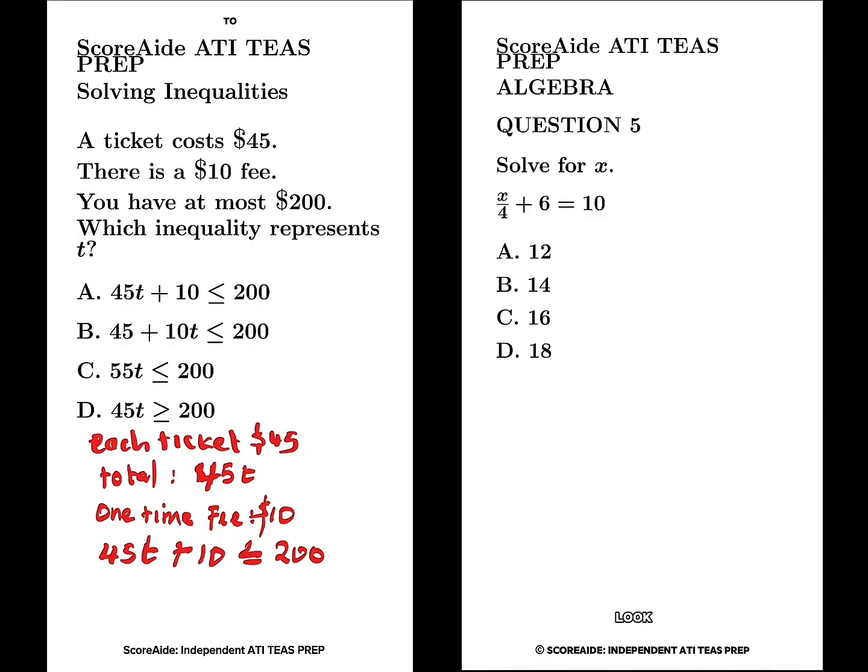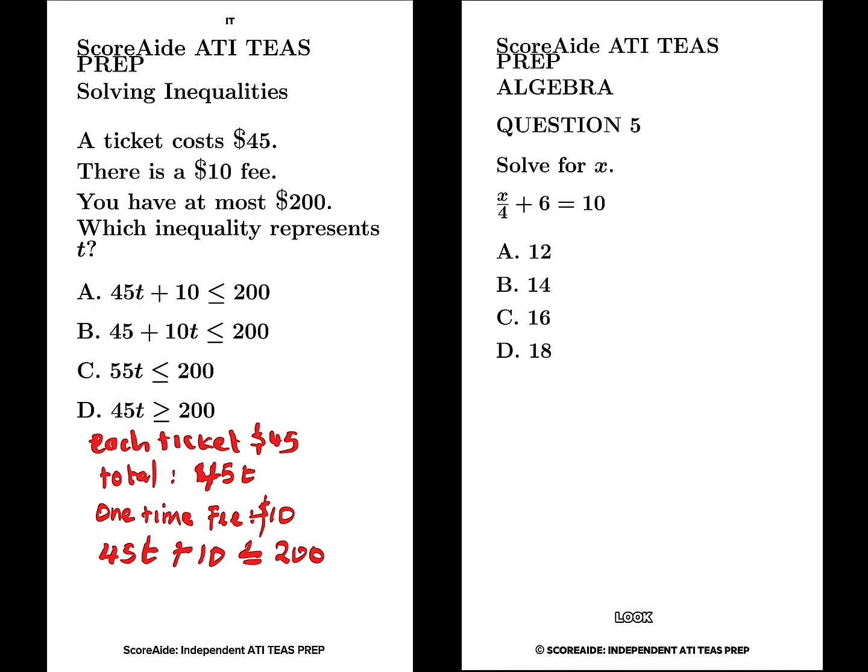So for you to know the number of tickets that you need to purchase under this budget, you need to first of all subtract the $10 from the $200 that you have at your disposal, knowing what is left to be spent, right?